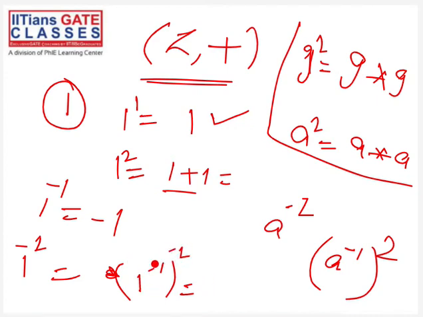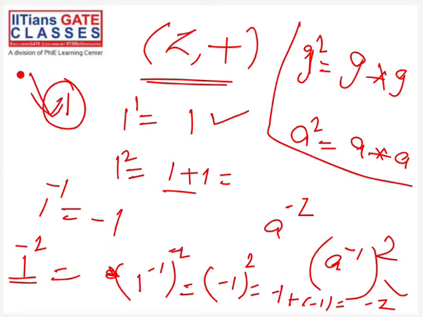What is 1 power minus 1? This you already know, minus 1. So minus 1 whole square is minus 1 plus minus 1, so that is minus 2. You can see 1 power minus 2 will generate minus 2. Similarly, 1 power minus 3 will generate minus 3, and 1 power minus 4 will generate minus 4.